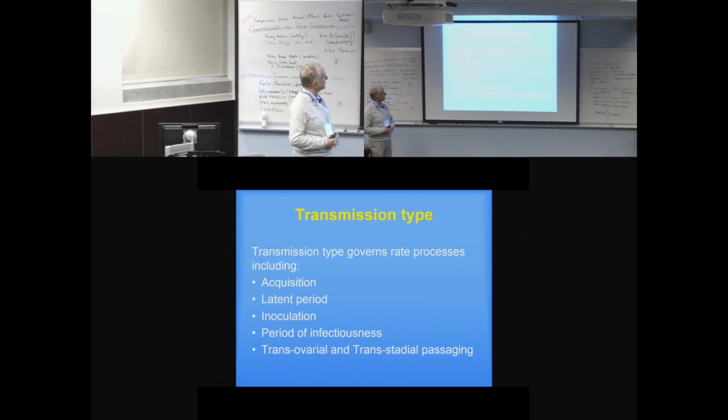So we'll come back to some of those aspects later in this talk. But the importance of these transmission types is basically these types govern the rate processes that are involved.